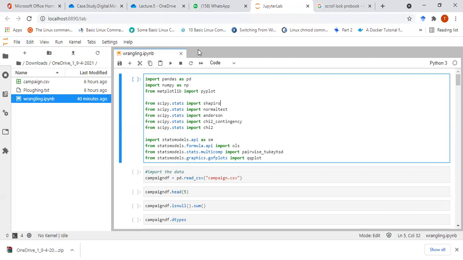If some missing values are there, like I told you, you have to cater for them. If some columns are useless, you just delete them. And then you start analyzing the data. Plot the histogram for the numerical columns, plot the frequency graph for the categorical columns, and then plot the aggregate plot and cross tabulation, so that you can understand the sales and the response in a better way.